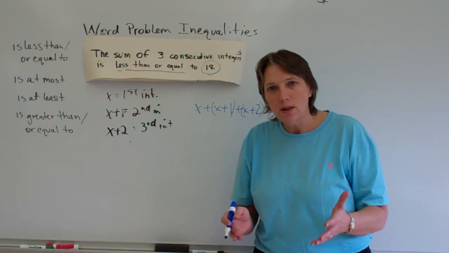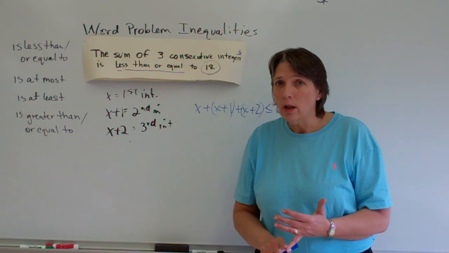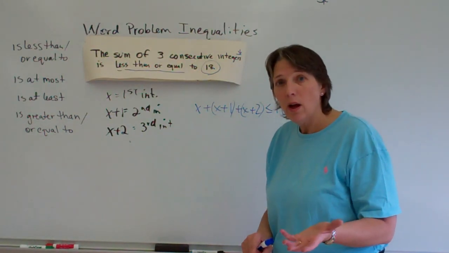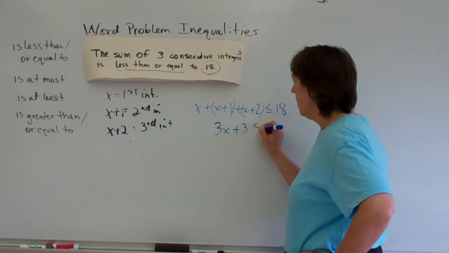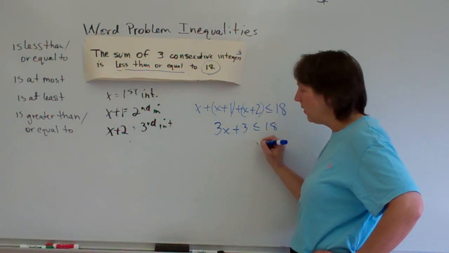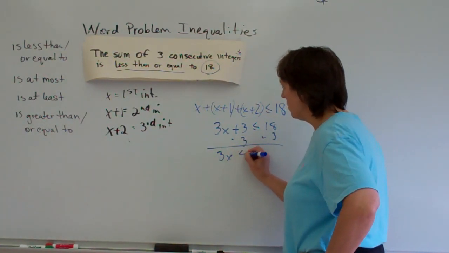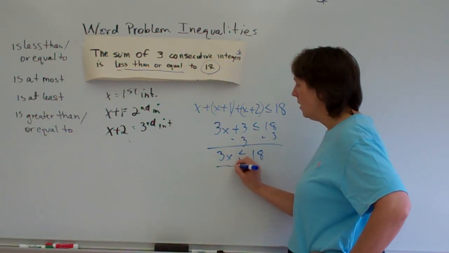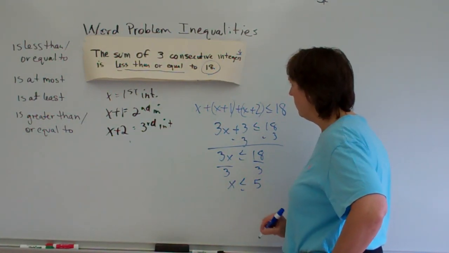The best thing to do is to simplify each side of the inequality first by adding like terms. So this is going to be 3x plus 3 is less than or equal to 18. We subtract 3 from both sides, get 3x is less than or equal to 18, divide both sides by 3, x is less than or equal to 5.